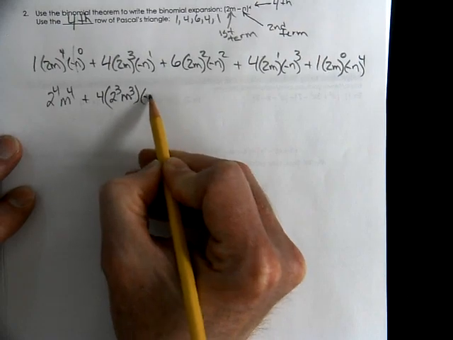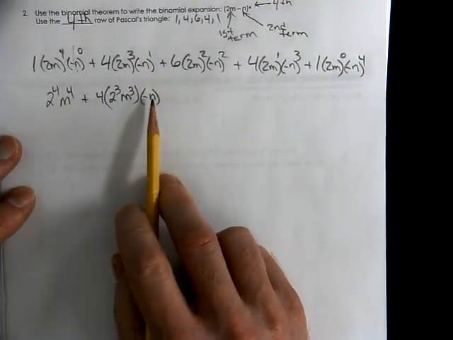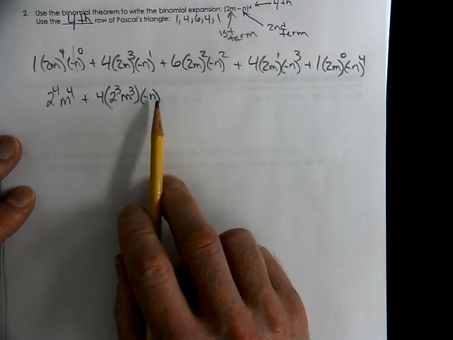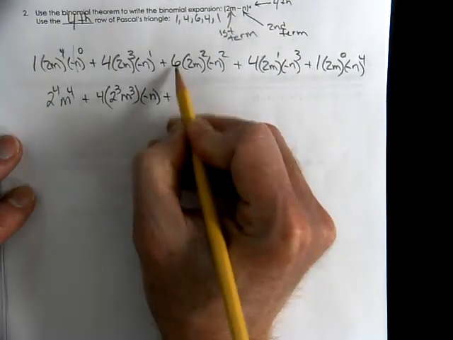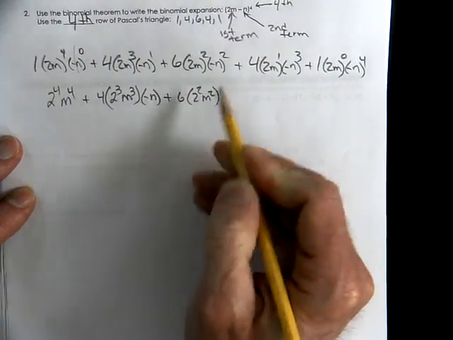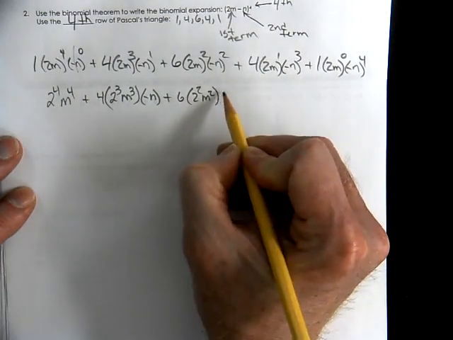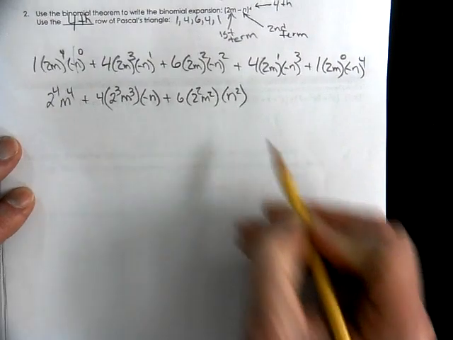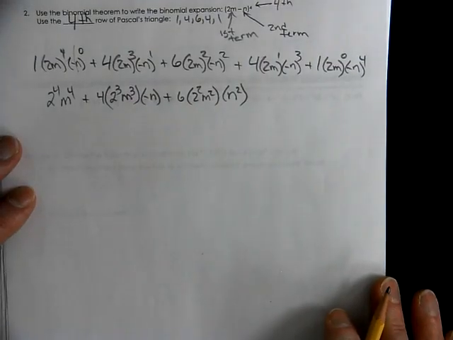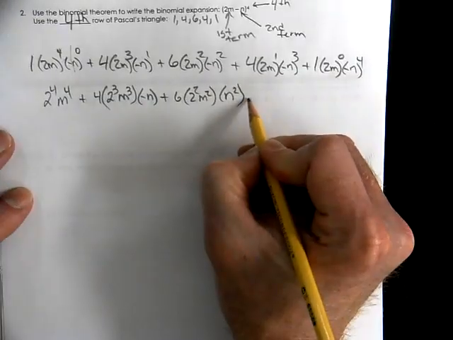We still have negative n, and we don't need to write the first power, because that means you just have it once. Plus 6, 2 squared, m squared. Now what happens when you square a negative? It becomes a positive, so you're actually going to have just n squared. You don't have the negative there anymore. A negative times a negative is a positive.